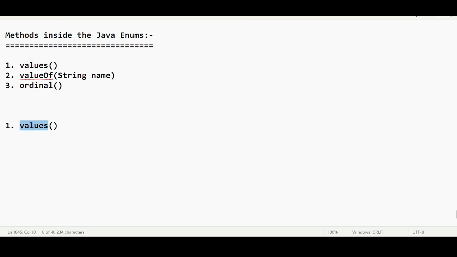What is the values method? So this method returns something when you call it. What is that something?